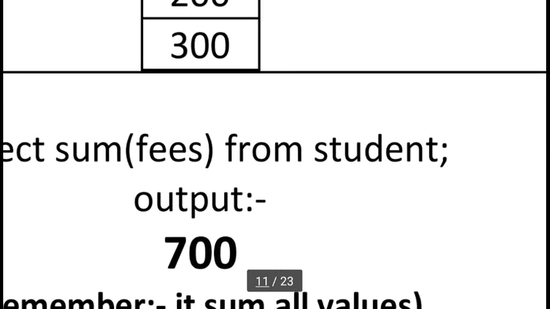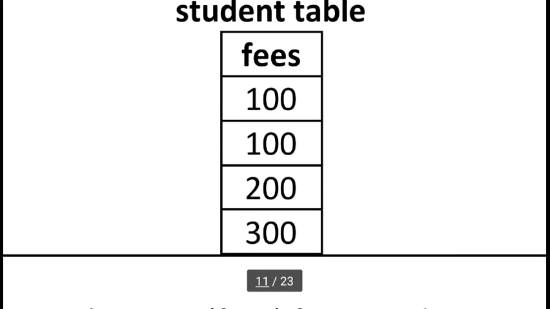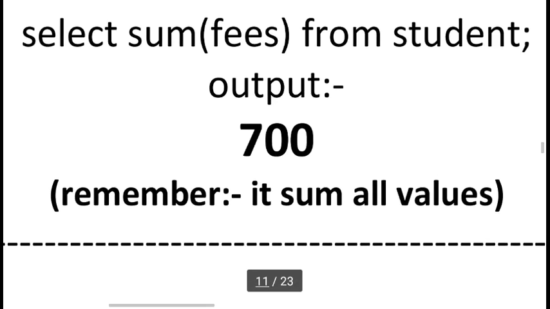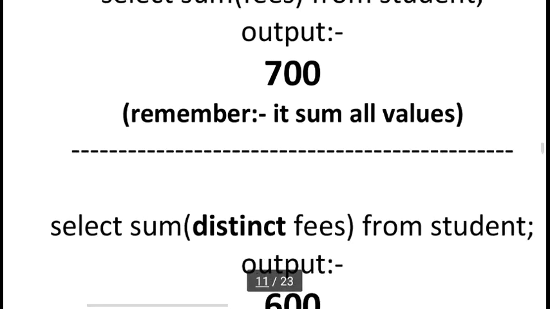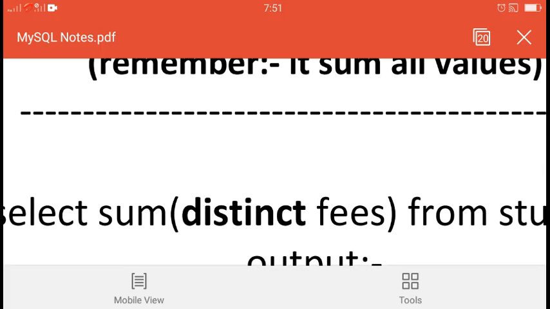Here I am writing a simple SELECT SUM(fees) FROM student. All the values, 100 plus 100 plus 200 plus 300, give the result 700. Remember, it sums all the values. But now I change one thing: SELECT SUM with DISTINCT before the fees column.